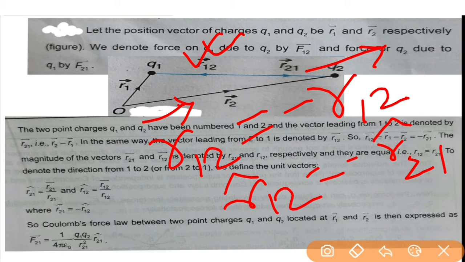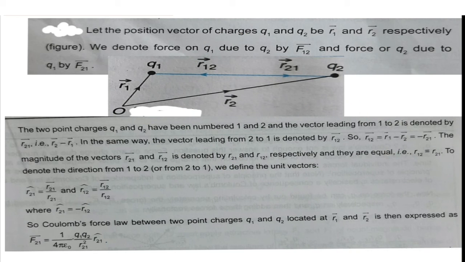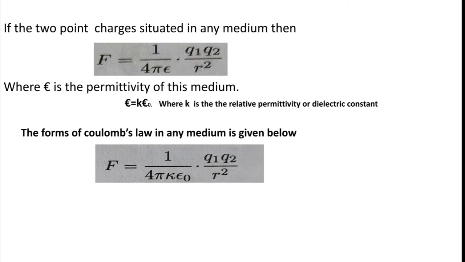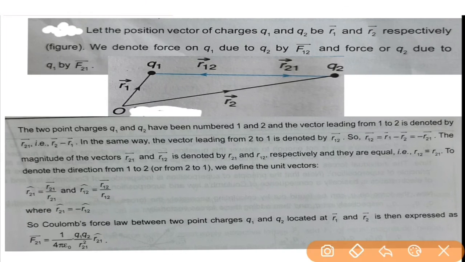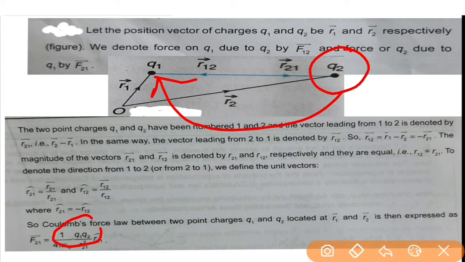Now from Coulomb's law, the force on Q2 due to Q1 is F21 vector, that is 1 by 4 pi epsilon 0 Q1 Q2 by R21 square. Why R21 square?